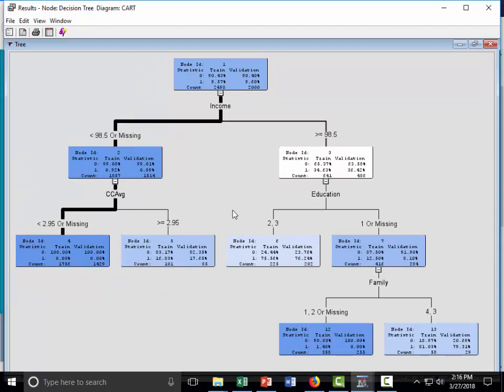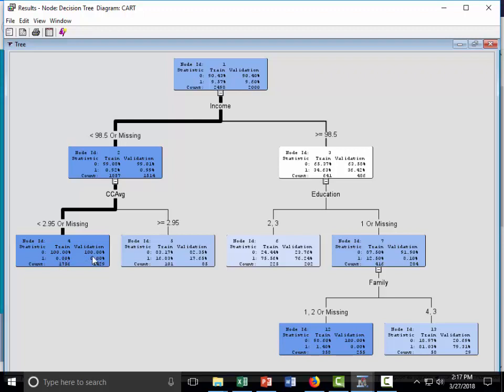And here, by the way, the nodes are color coded for purity, right? So here this dark blue indicates that it is really pure, because see, there is 100% 0 for both the train and validation set.